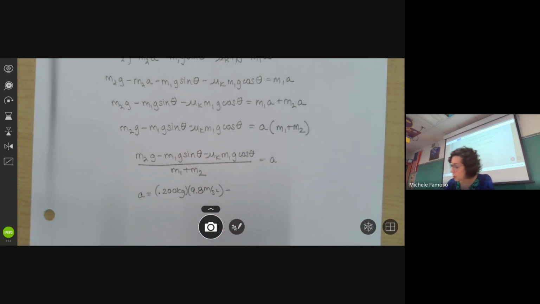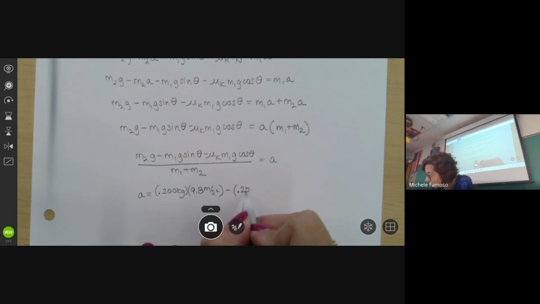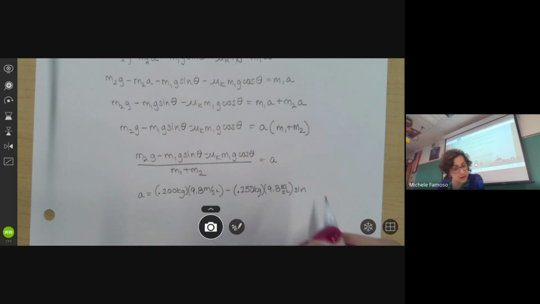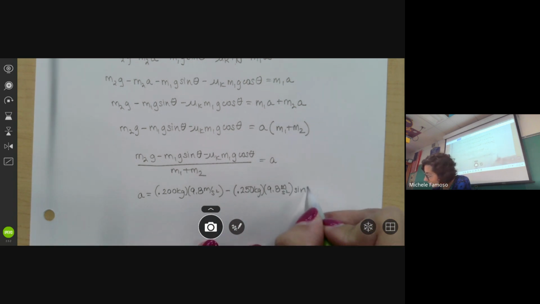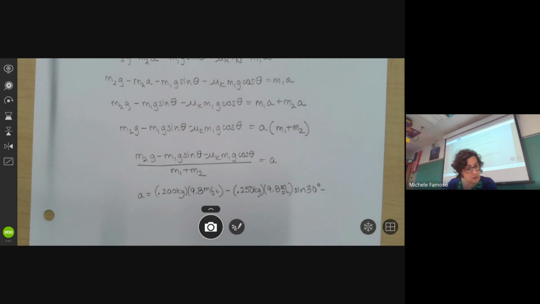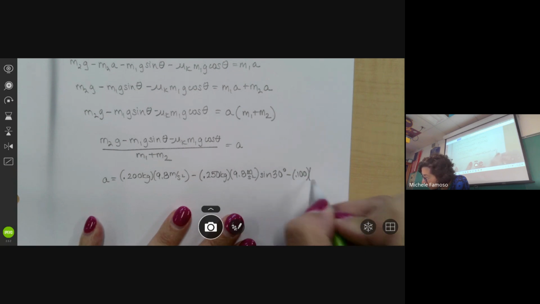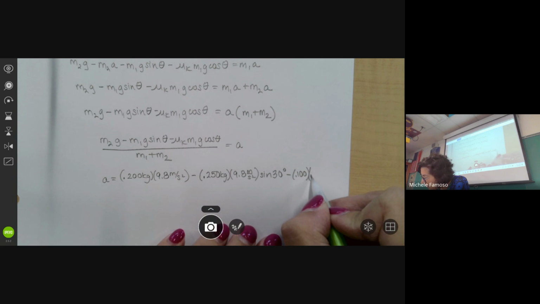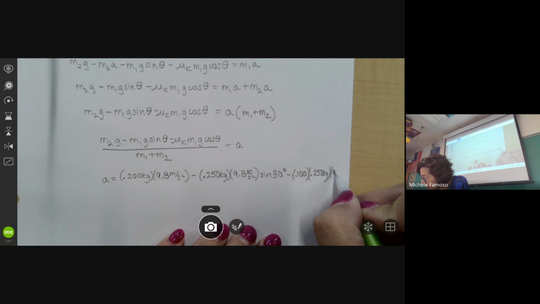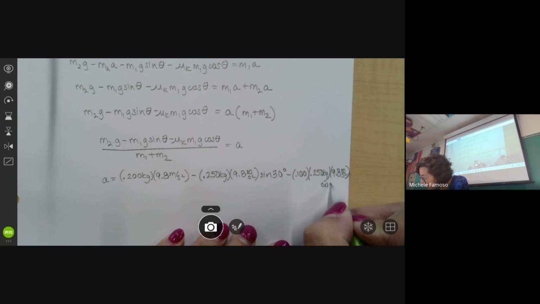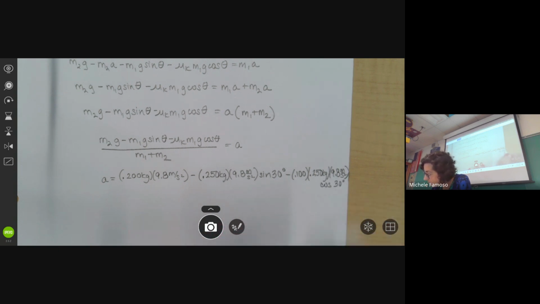M1 we know is 250 grams, so 0.250 kilograms times 9.8 meters per second squared times the sine of the angle, which is 30 degrees, minus mu k, which is 0.100, times mass 1, which is 0.250 kilograms, times G, 9.8 meters per second squared. Whoops, I'm running out of room. Times the cosine of 30 degrees.